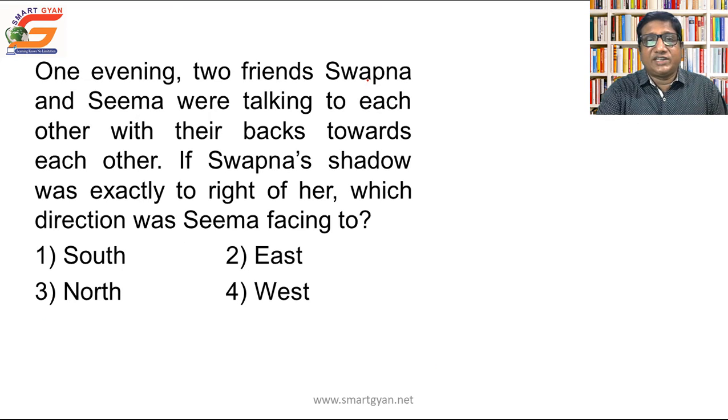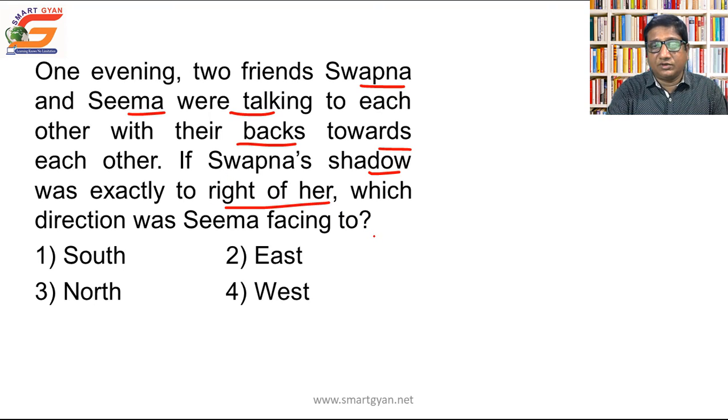One evening, two friends, Swapna and Sima, were talking to each other with their backs towards each other. They are not facing backs towards each other. If Swapna's shadow was exactly to her right, which direction was Sima facing to? In evening means shadow is towards eastern side, and eastern side, that is eastern horizon, is right of Swapna.